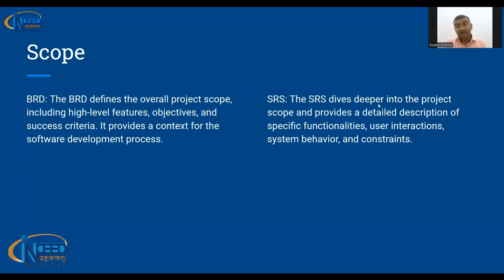But SRS dives deeper into the project and it provides a detailed description of specific functionalities, user interactions, system behavior, and constraints. Like there's a difference between, for example, say we have to prepare food, and let's say we are preparing lemon rice. So now this is like a BRD.